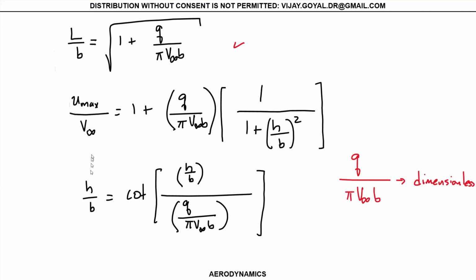This is all non-dimensional, as you can see. The units here are L squared over T. Here the units are L over T. The units here are L. So if you cancel, you get 1. So this is a dimensionless quantity.